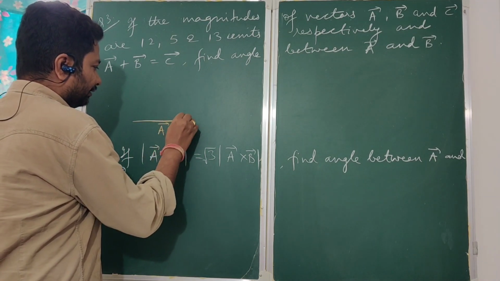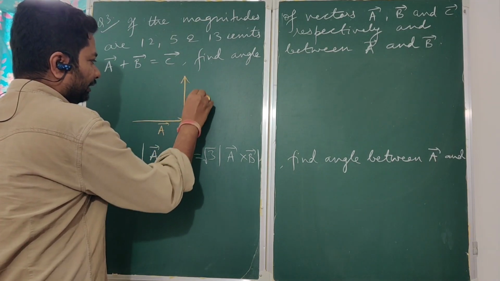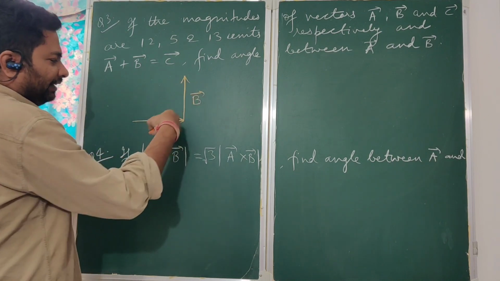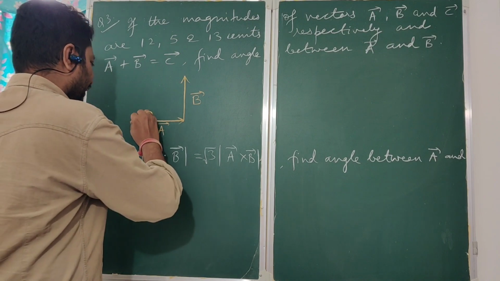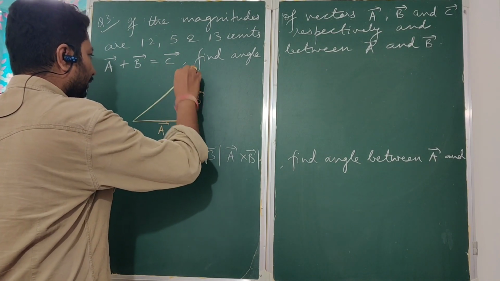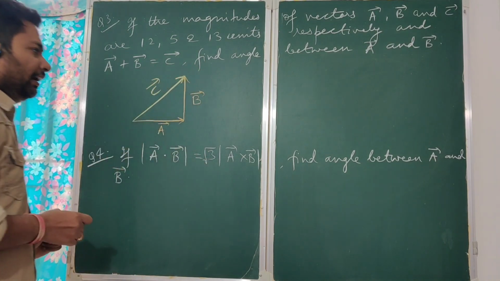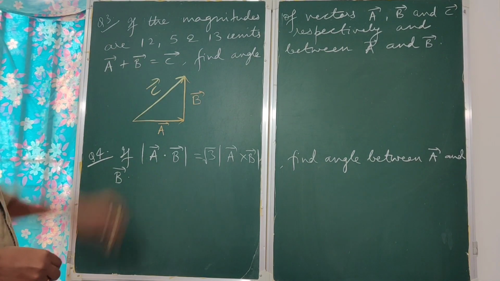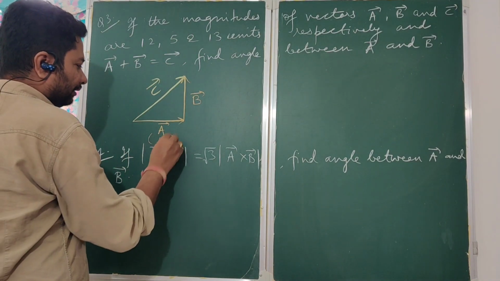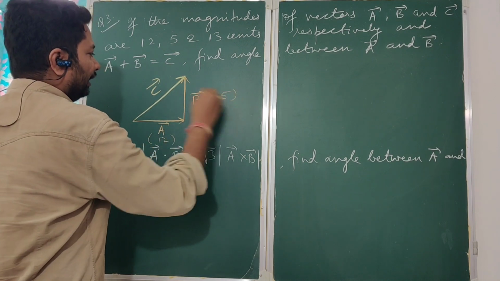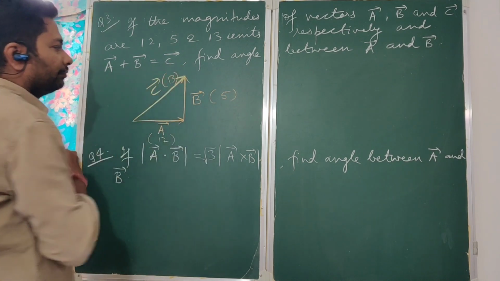This is your a vector, this is your b vector, and the sum of these two vectors, by the triangle law of addition of vectors, you can write as your c vector. The magnitudes of all these vectors have been given to us: this is 12, this is 5, and this is 13.